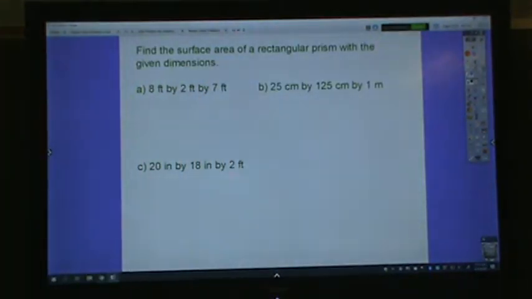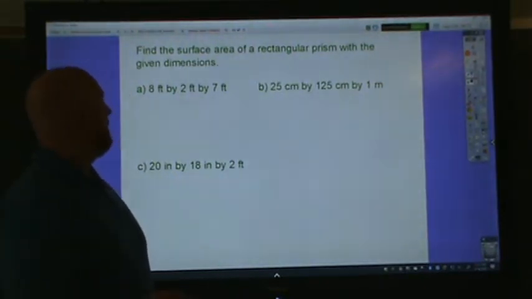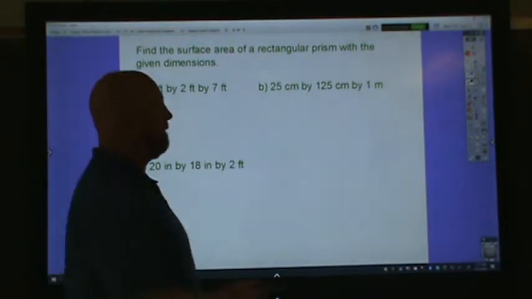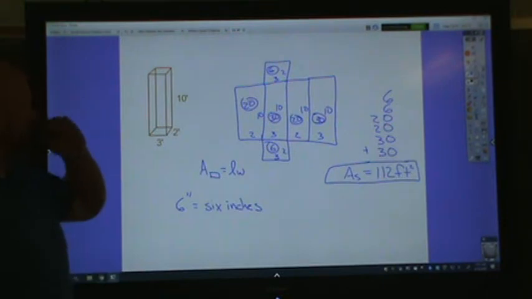Here the directions ask me to find the surface area of a rectangular prism with the given dimensions. So that technique of drawing a net worked just fine for us, but we don't always have to draw a net. What we could do is use a formula based upon what we learned by drawing a net.